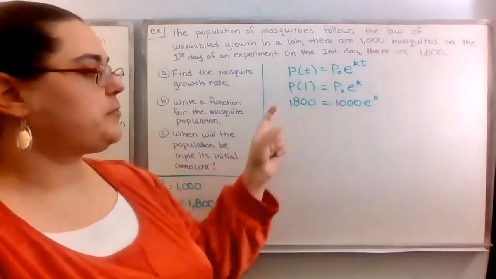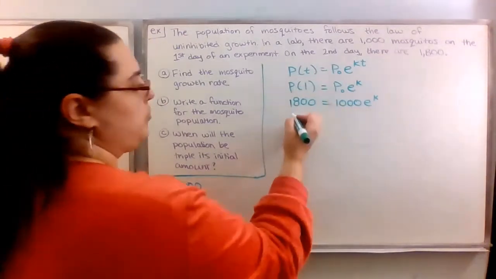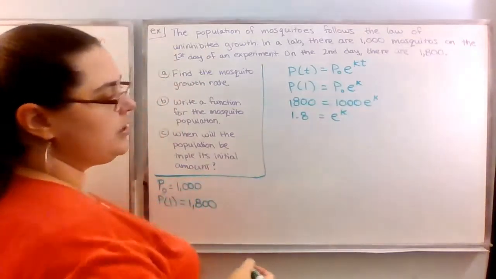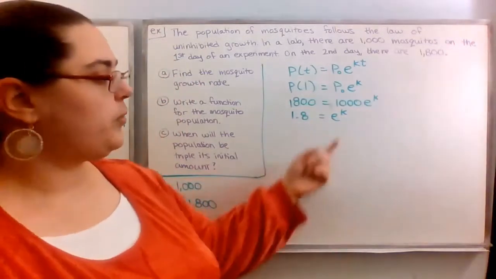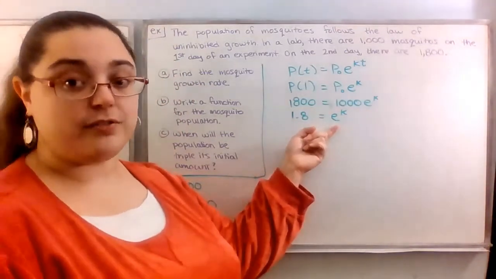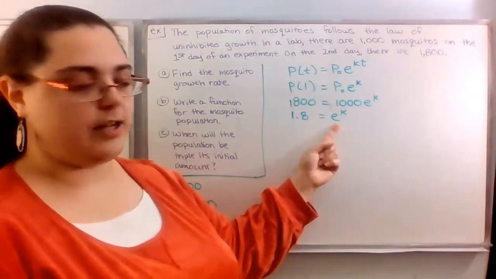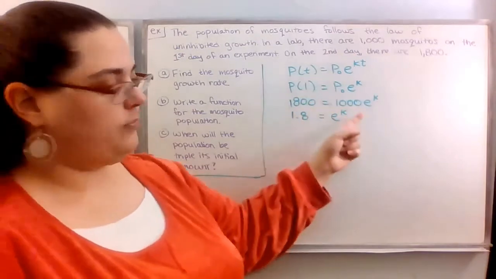So let's divide both sides by 1,000. That will give me 1.8 is equal to e to the k. And to solve this, we can simply rewrite this in terms of logarithms. So we'll use the natural log, log base e, and say the natural log of 1.8 equals k.